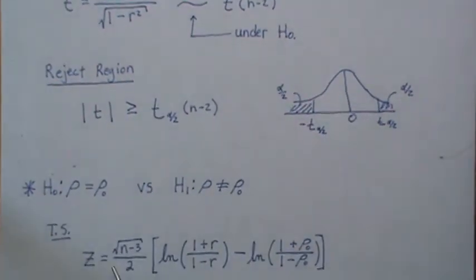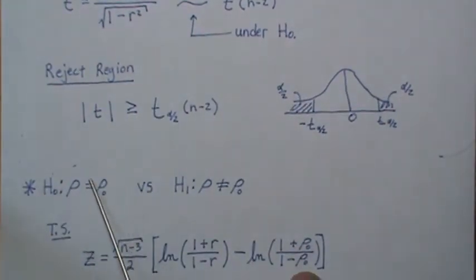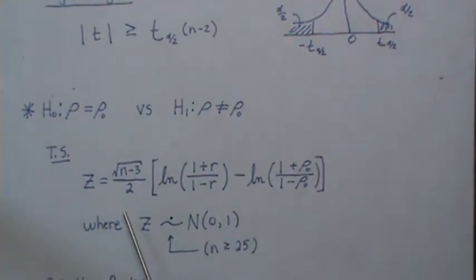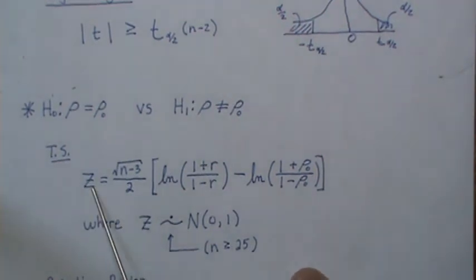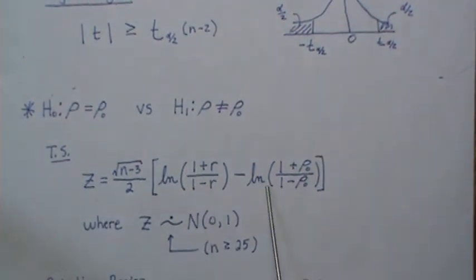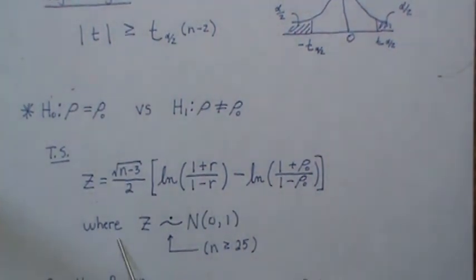Now, generically, we can test it for a specific value. Is the correlation 0.5 or 0.2 or negative 0.4 with this test? Now, the test statistic is a z, and actually, this is the test statistic, and this is the mean of it, and that's the variance of it. So this becomes a standard normal.